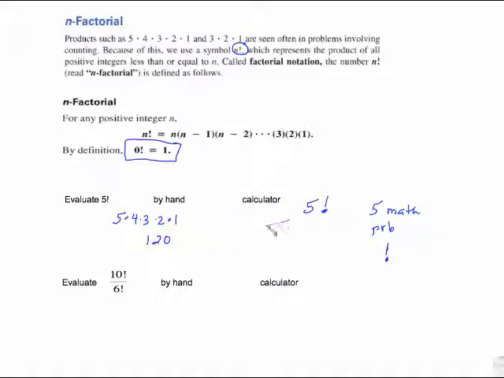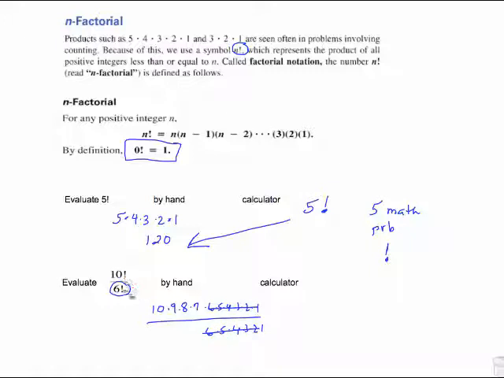And it is 120. Now you may have to evaluate something like this, a fraction, by hand. 10 factorial means 10 times 9 times 8 times 7 times 6 times 5 times 4 times 3 times 2 times 1. 6 factorial is 6 times 5 times 4 times 3 times 2 times 1. Notice from the 6 in your denominator on down, that's going to cancel out.